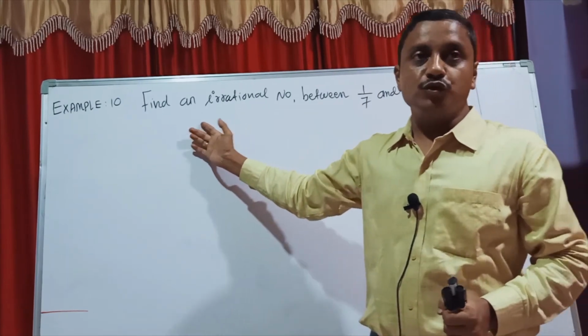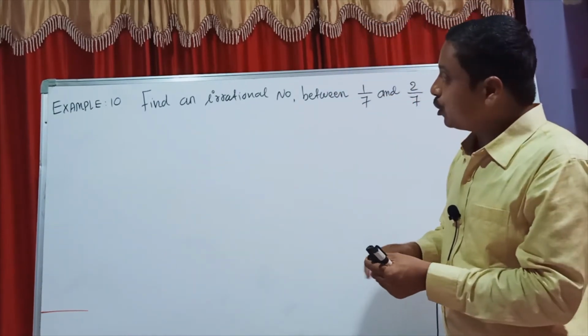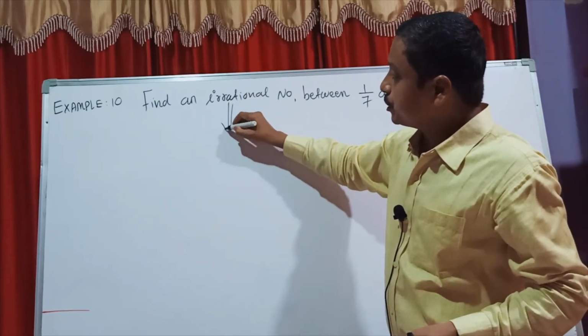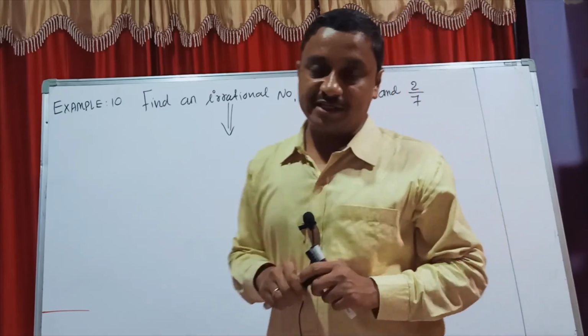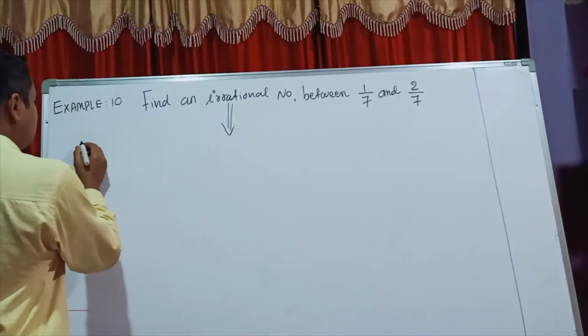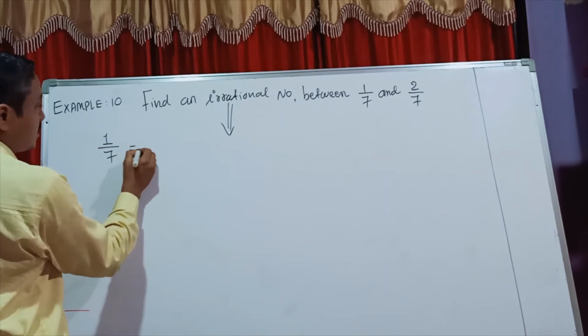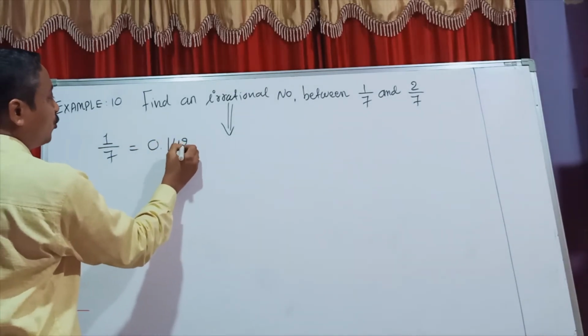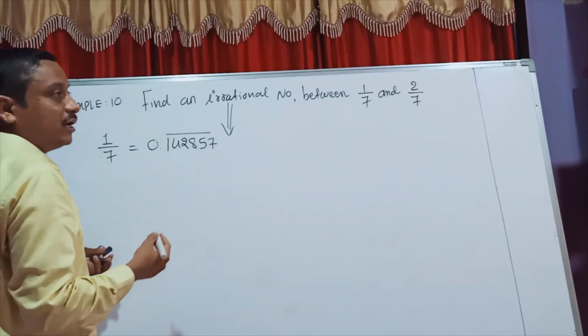Now students, example 10. Question is there. Find an irrational number. Now not a rational. Here asking irrational number between this 1 by 7 and 2 by 7. So students, first of all, in example, I just explain you 1 by 7, 0.142857 bar.